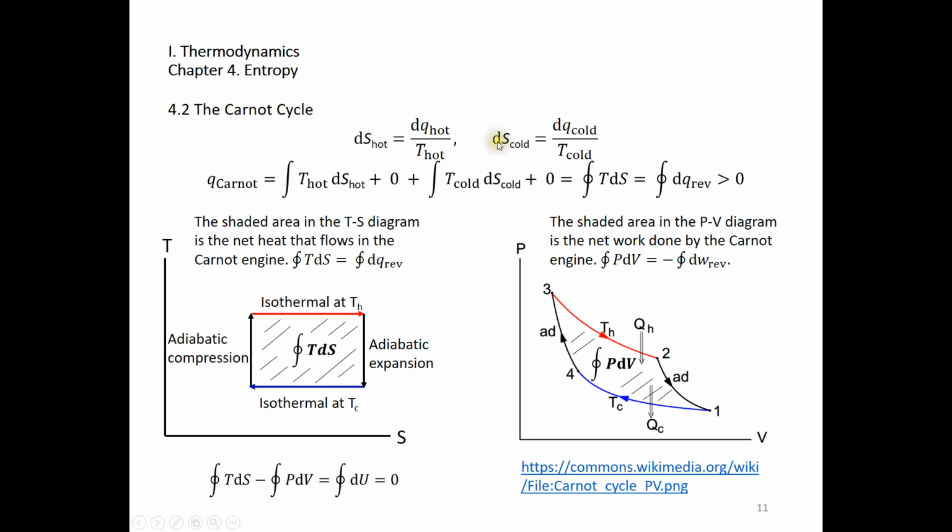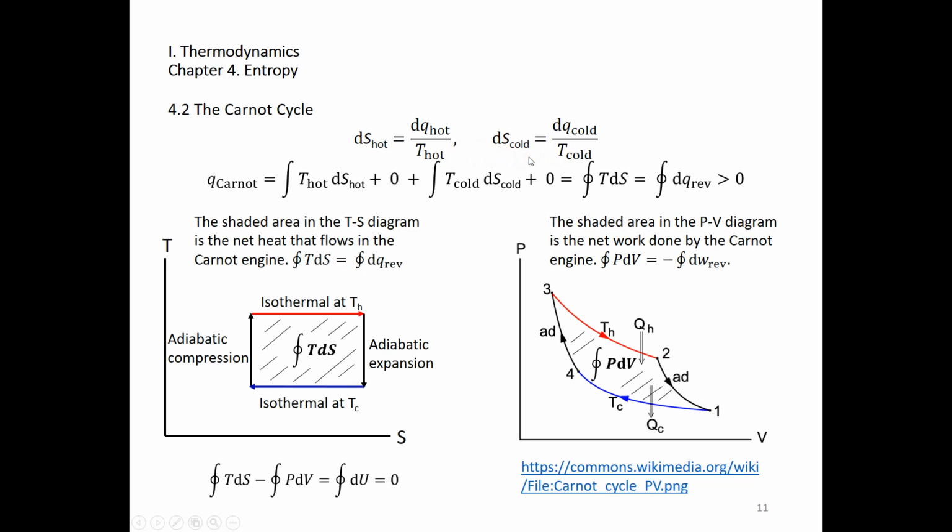So is the cyclic integral of internal energy, that should be 0. The cyclic integral of enthalpy should be 0. I didn't mention the cyclic integrals of pressure, volume, temperature, but obviously they should be 0 as well, because PVT are also state functions. However, Q and W are path functions.